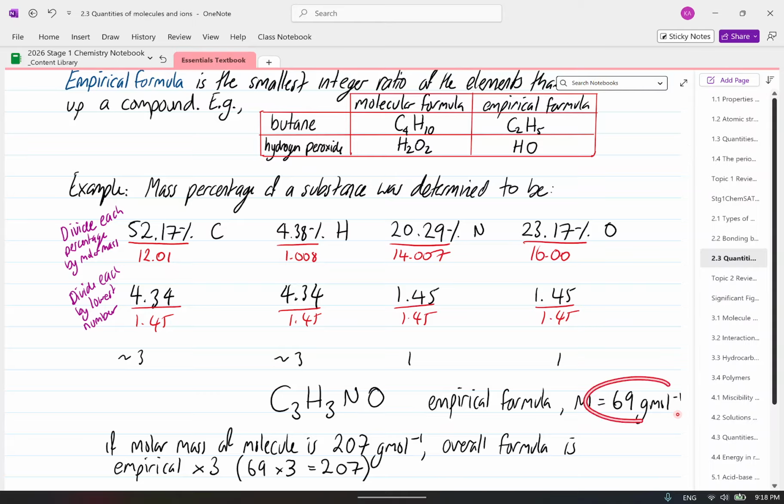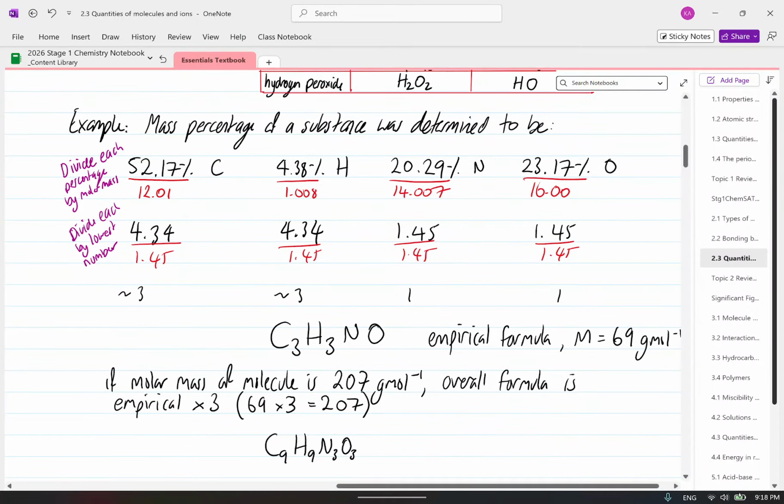So you do 207 divided by 69, and that will give us something like 3, or close enough to 3. And that does work in this case, which means our actual molecule, which was always going to be some multiple of this, is going to be C9H9N3O3.